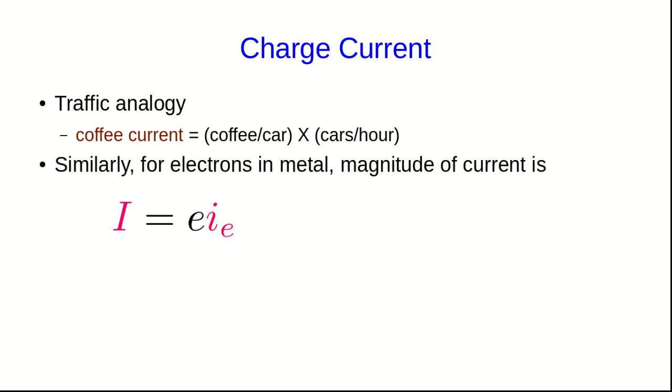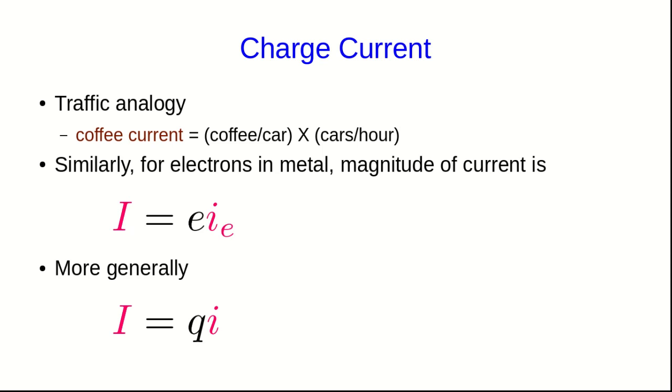So similarly for electrons in a metal, the magnitude of the current is just the electron current times the magnitude of the charge on the electrons, where notice this is a magnitude. We don't care about the negative sign, it's just telling us that the charge current is in the opposite direction to the electron current.